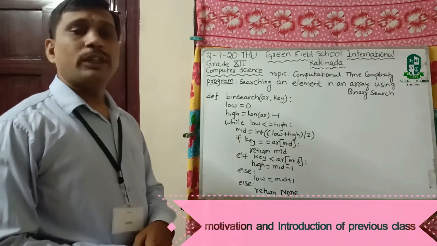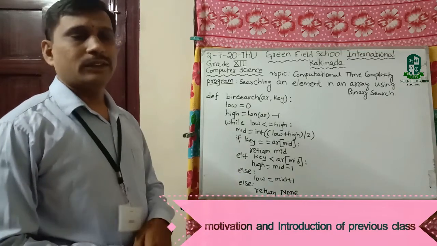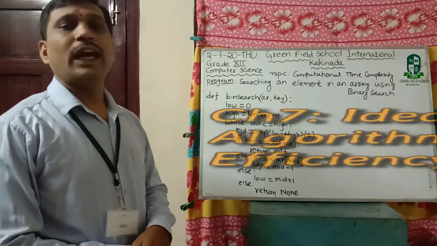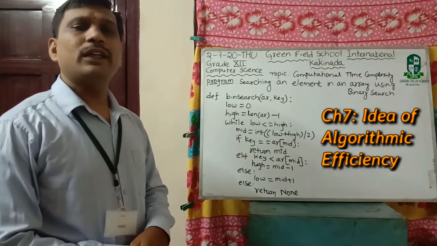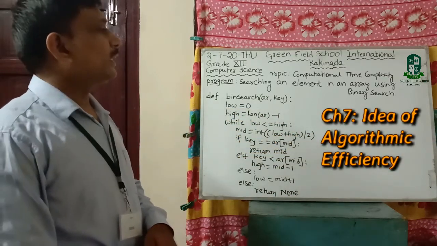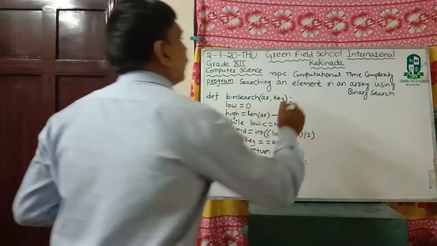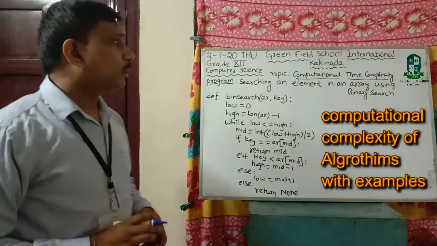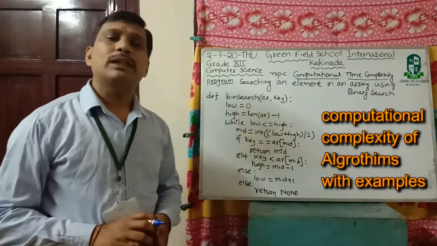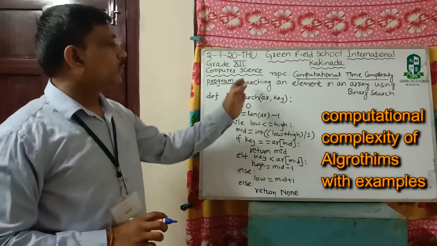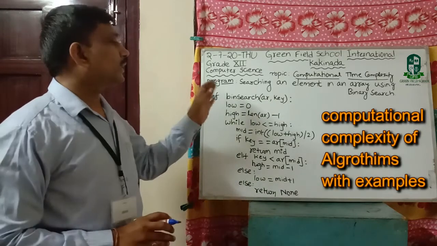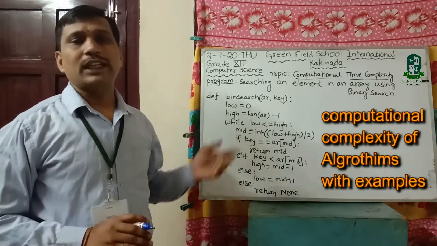So coming to last class, we discussed chapter 7, that is the idea of algorithmic efficiency. We calculated computational complexity using different algorithms, as already discussed in previous classes.